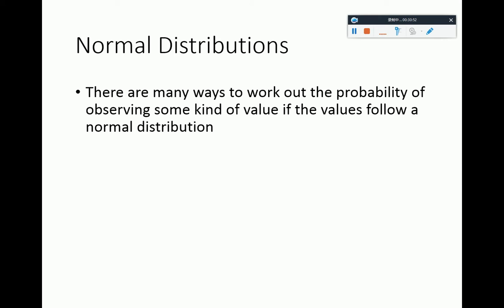So far we have worked out the general principle, the general way of finding probabilities of observing some kind of value if the value follows a normal distribution. Mathematically, there are many ways to do that, but for the purpose of this class, we'll be focusing on what we call the empirical rule. The empirical rule is an approximate way of finding probabilities.